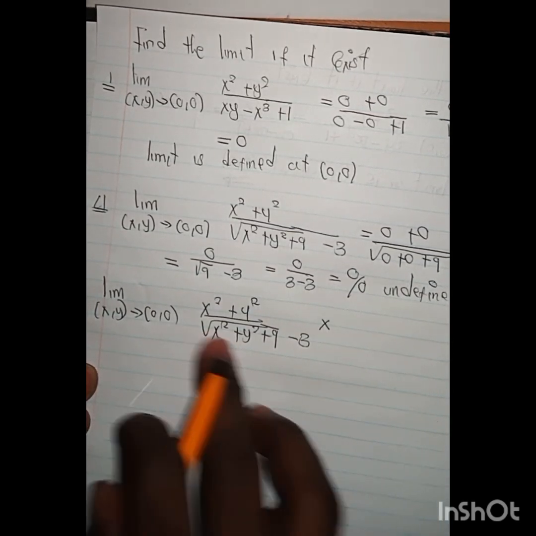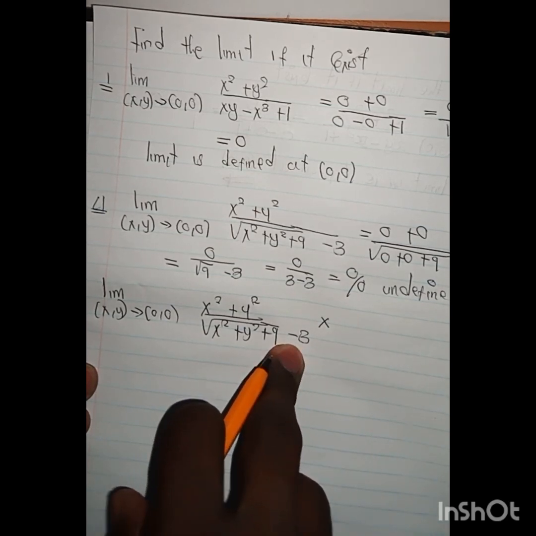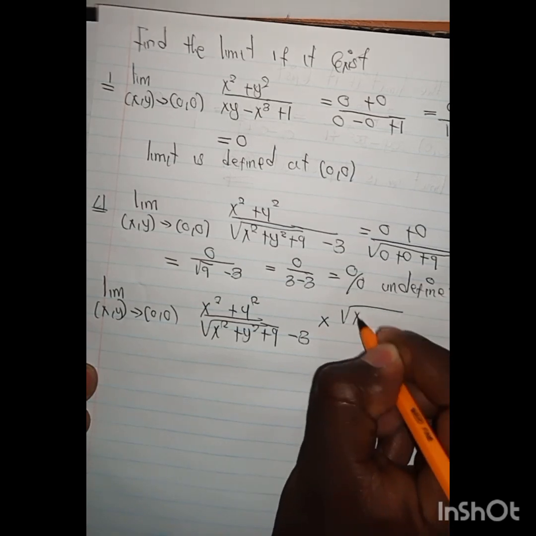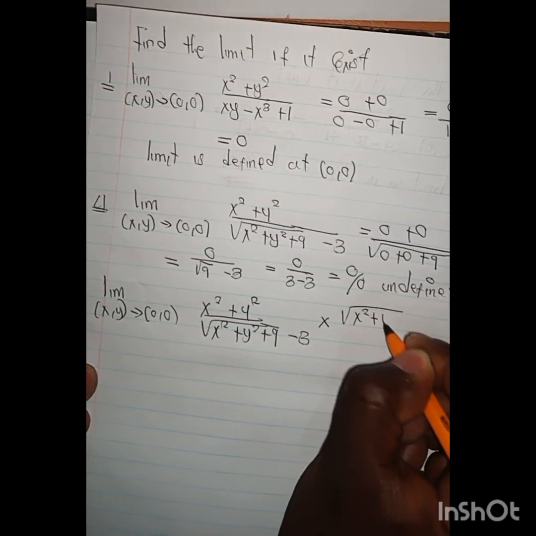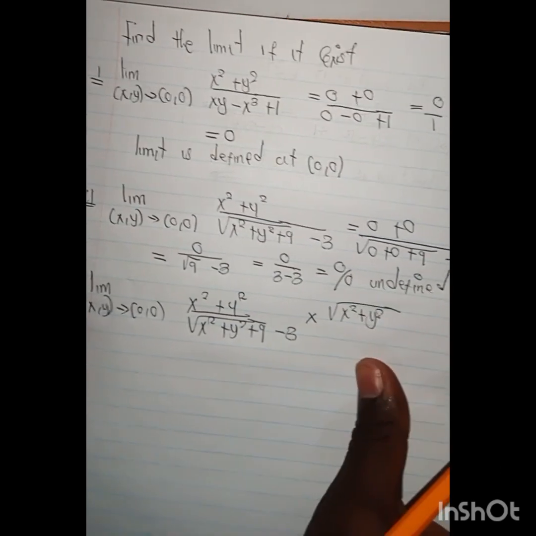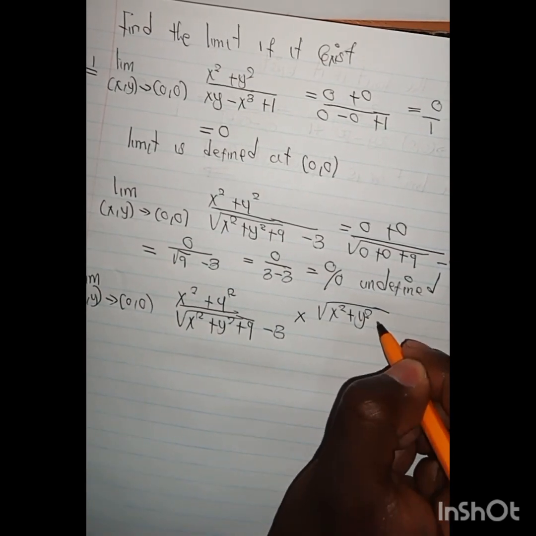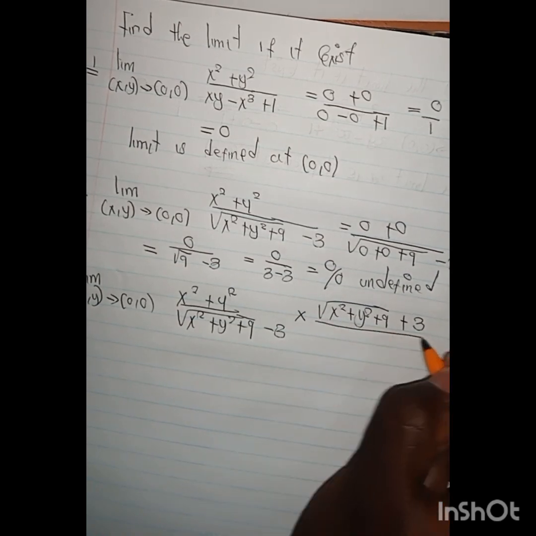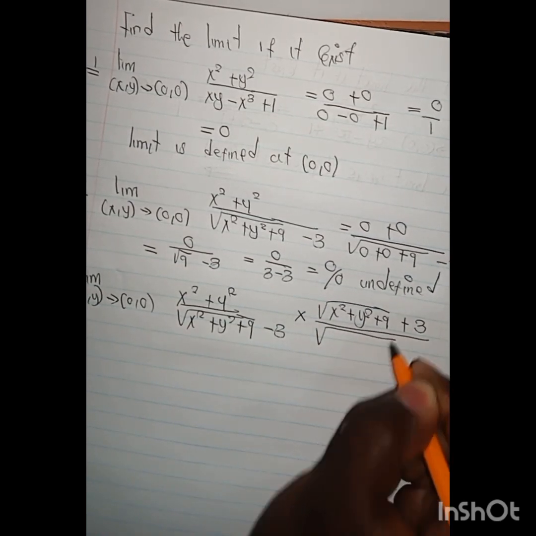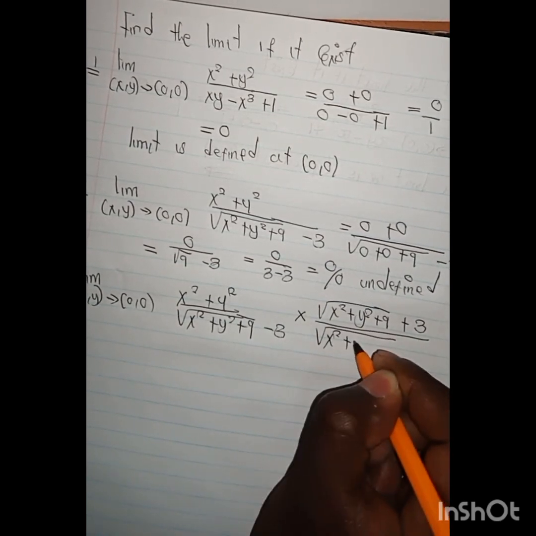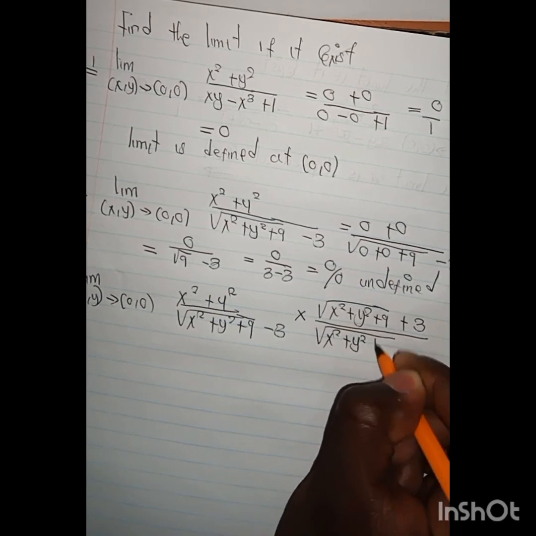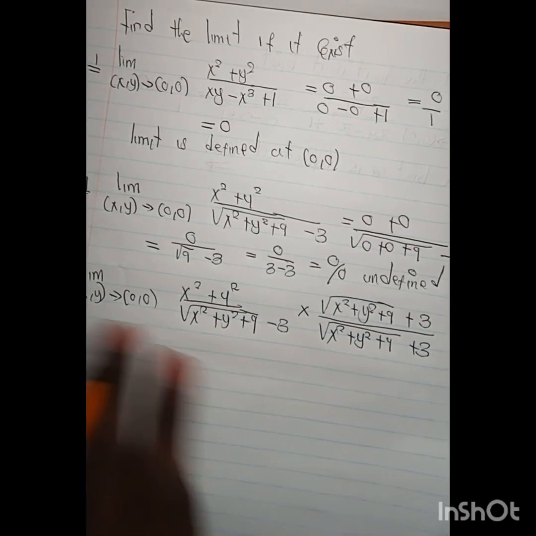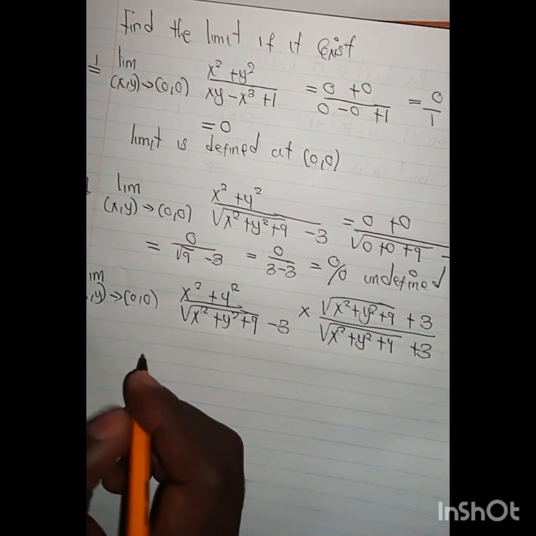The conjugate, we multiply by this number, hence we change the sign. It becomes positive. It will now be the square root of x squared plus y squared plus 9 plus 3, all this over the square root of x squared plus y squared plus 9 plus 3. Then we multiply throughout.